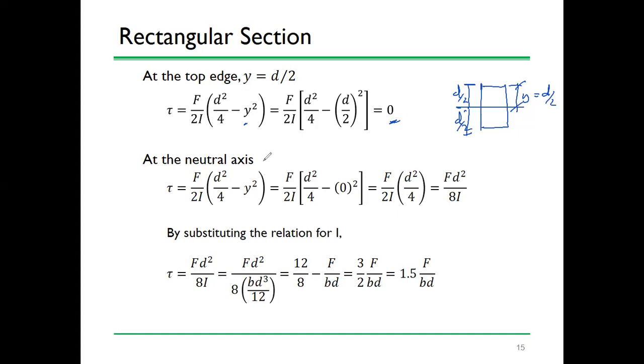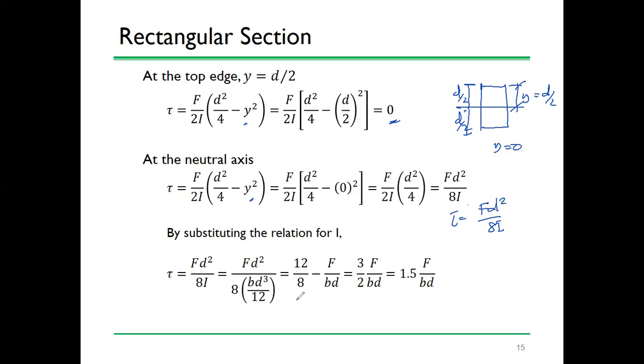At the neutral axis, what is the value of y? At the neutral axis, y is 0. So substitute 0 into this same equation again, and we will get tau equal to F d squared over 8I. So here we want to simplify further.